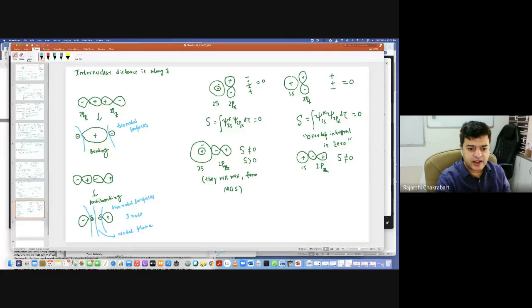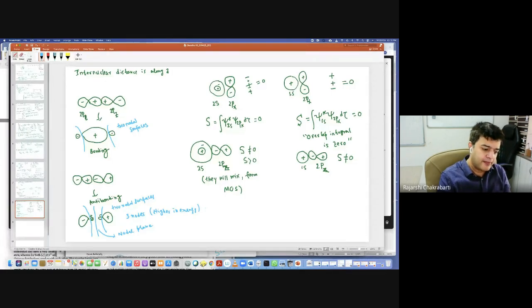So it has a higher number of nodes, so higher in energy, isn't it? Okay, is this clear? If you put an electron in the bonding MO, it will build up the density between the nuclei. But in antibonding, no such thing happens.